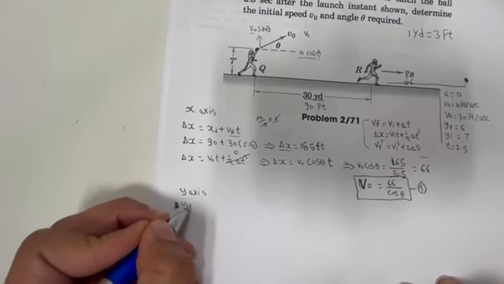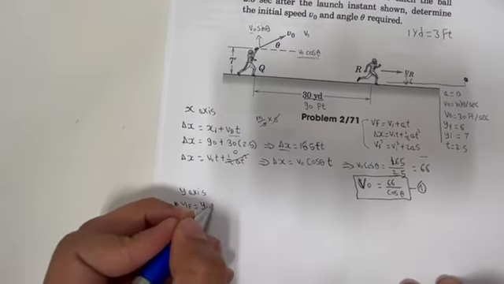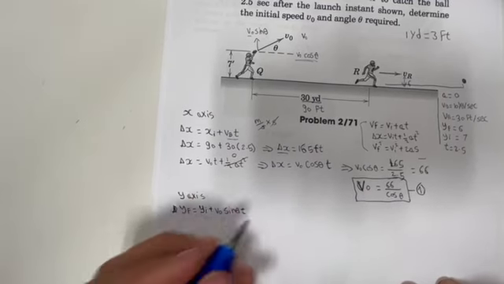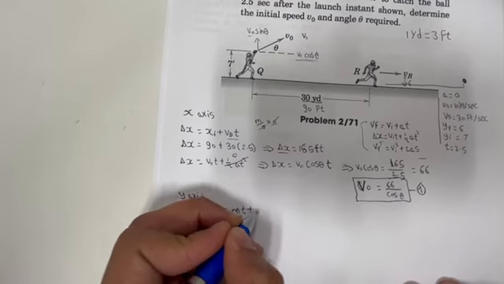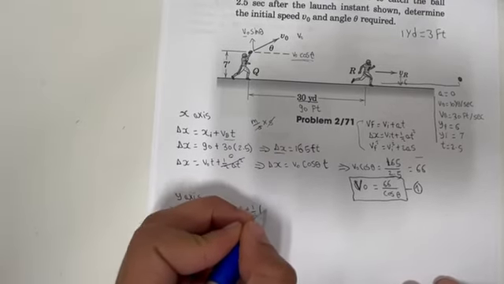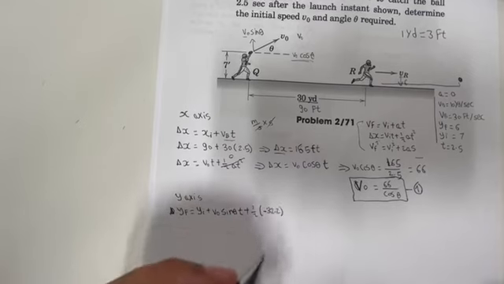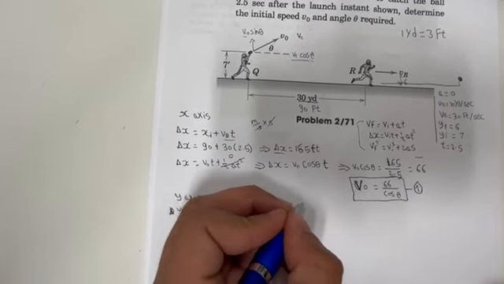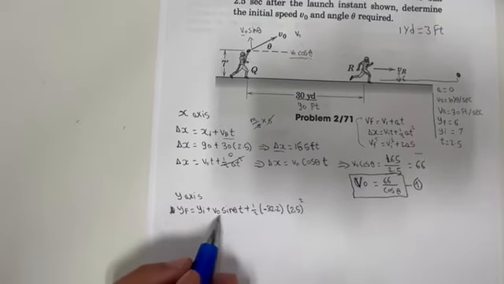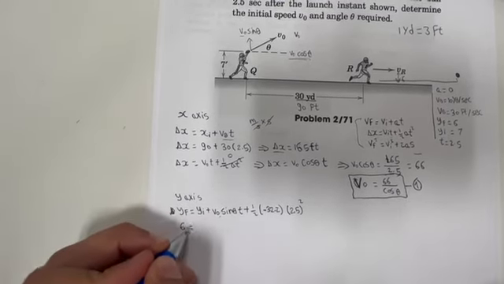So y final equals y initial plus v naught sine theta t plus half a t squared, where now in the y direction the acceleration is gravity, negative 32.2 feet per second squared.